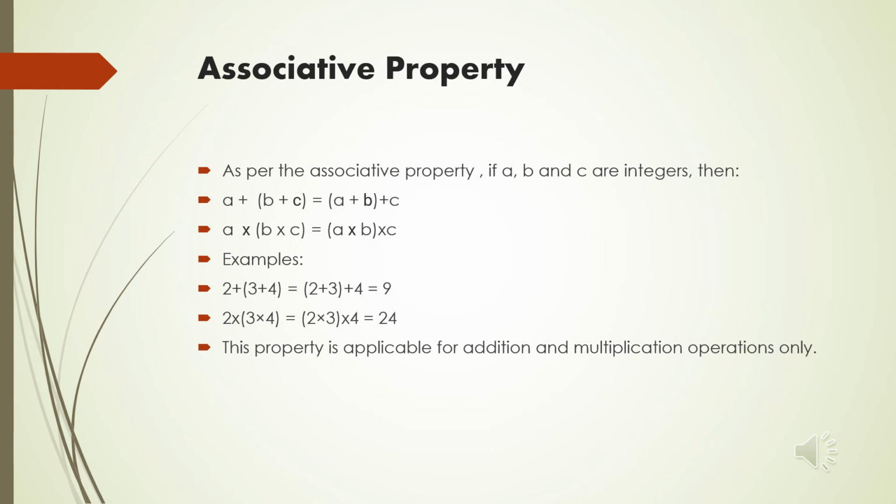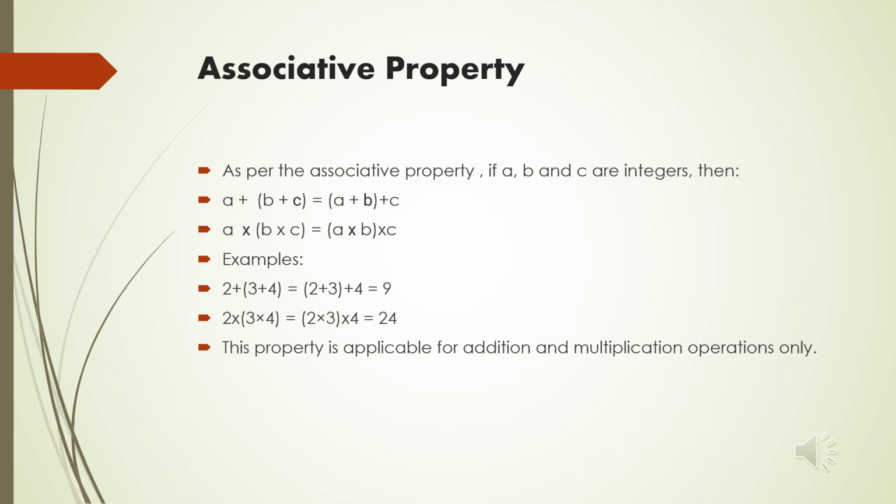Now we will discuss the associative property. As per the associative property, if a, b and c are integers, then a plus (b plus c) should be equal to (a plus b) plus c, and a into (b into c) should be equal to (a into b) into c.